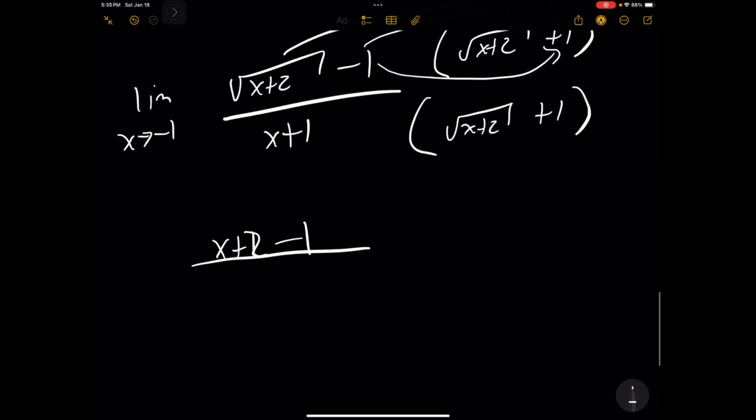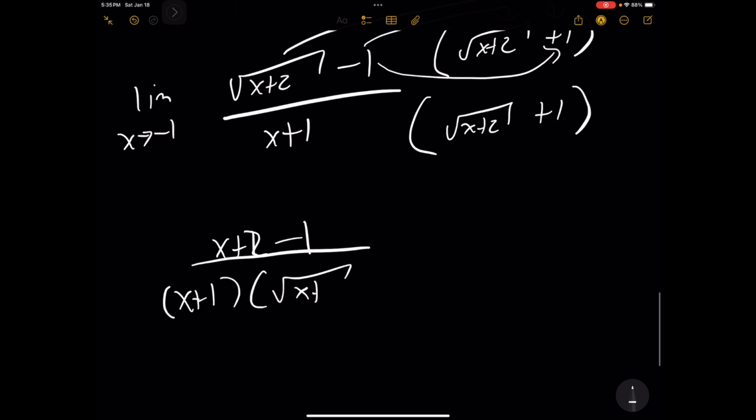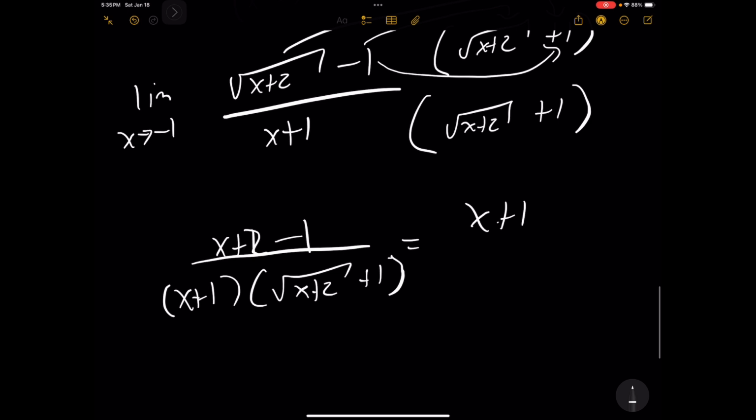On the bottom, we have x plus 1 times root x plus 2 plus 1. And I'm going to leave it in that format. You might already see why. Because x plus 2 minus 1 is x plus 1, so we get x plus 1 over x plus 1 times root x plus 2 plus 1.